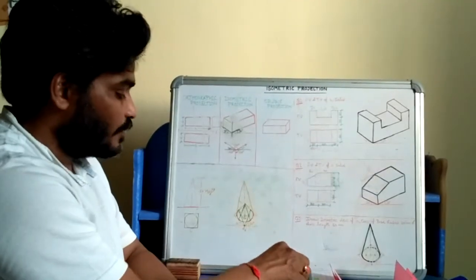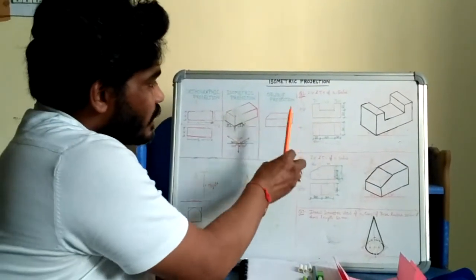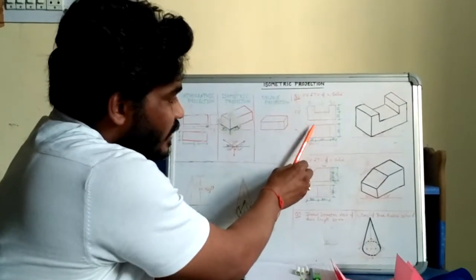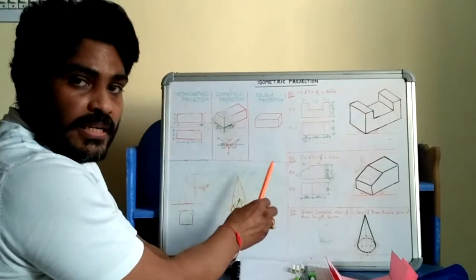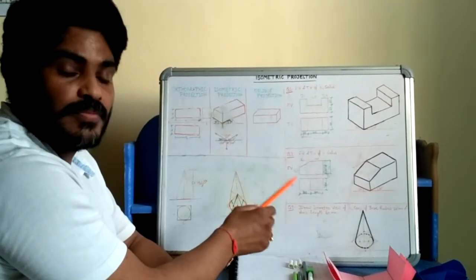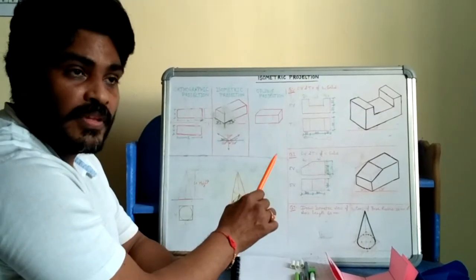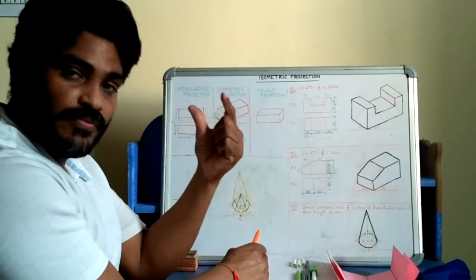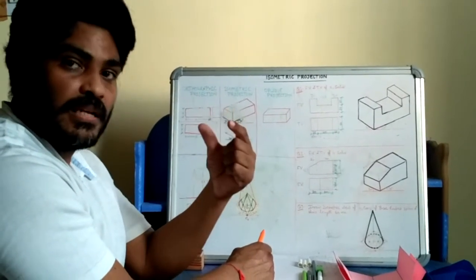For example, if someone is asking you that this is the front view and this is the top view of a solid, draw its isometric view, or draw its isometric projection.